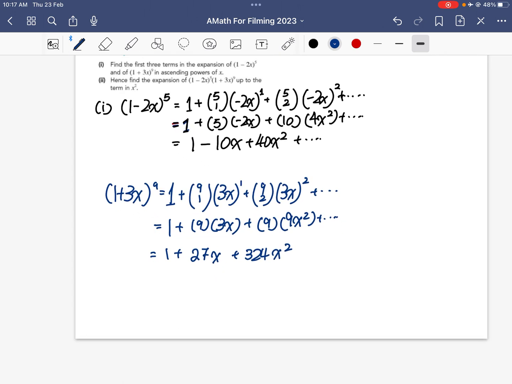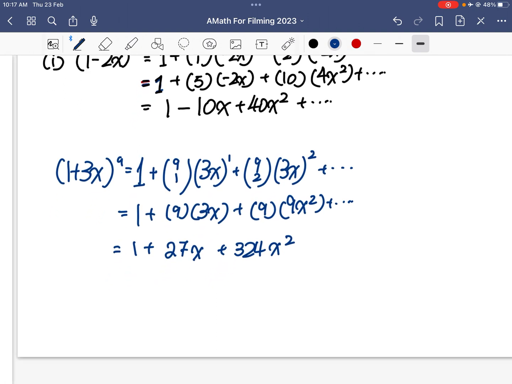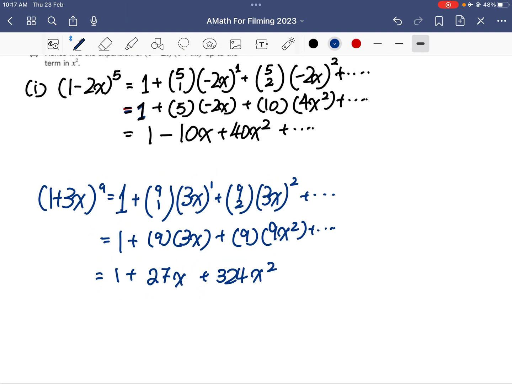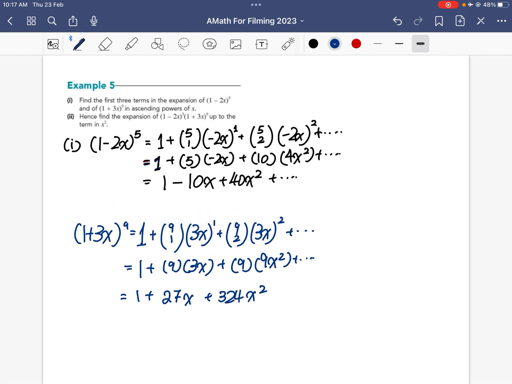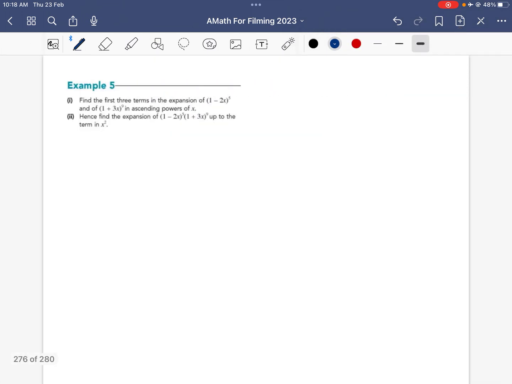Now, hence, find in the expansion of this the coefficient of the term in x squared. So now what we'll do here, slowly, is take the two terms. I'm just going to add another page here.